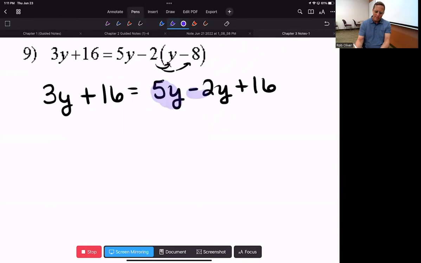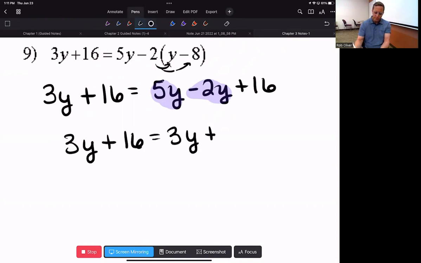And then these are some like terms we can put together. Now notice right here, both sides of the equation are exactly the same. 3y plus 16 equals 3y plus 16. They're both carbon copies of each other.